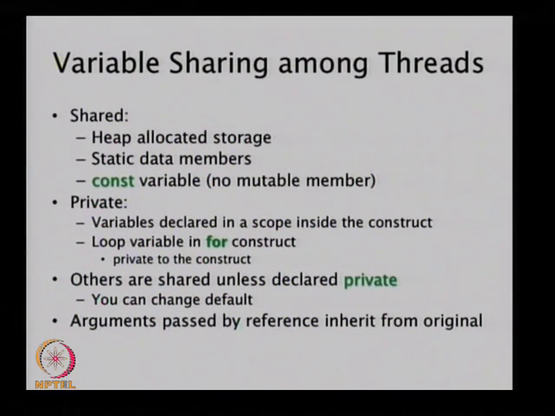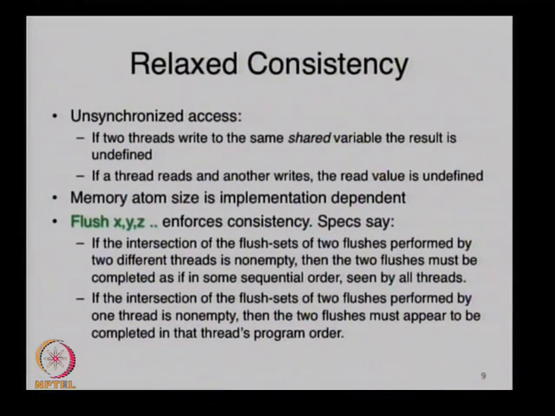And for the arguments that get passed from function to function, if you pass a shared argument, then it's shared. If you pass a private argument, then it's a private thing, right? All right, so this is about the consistency. And remember that this is in the context of having temporary views, temporary copies of variables, even when it is shared.